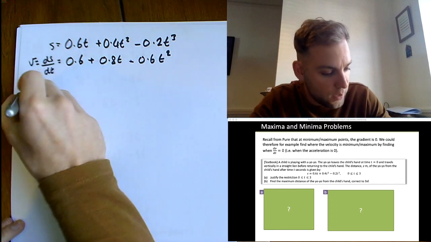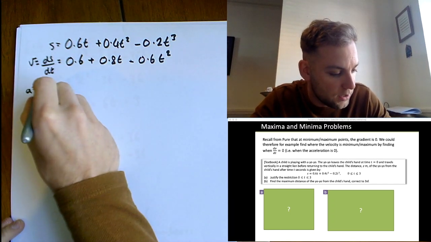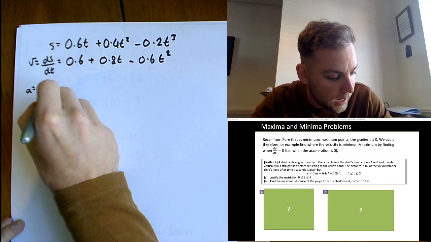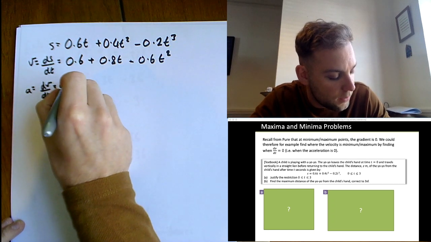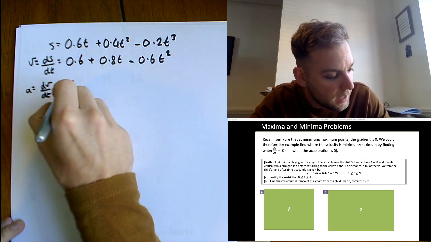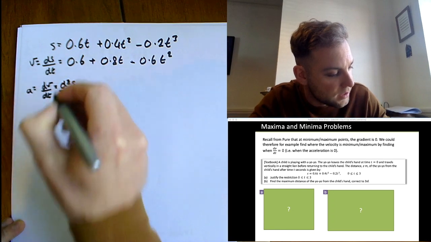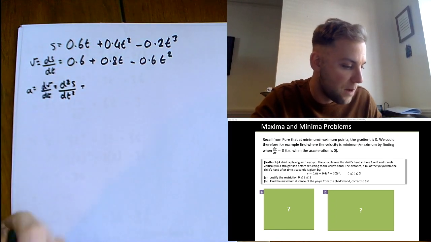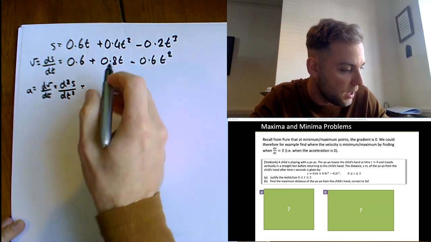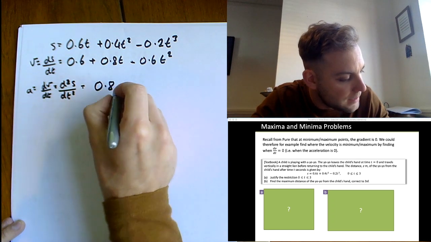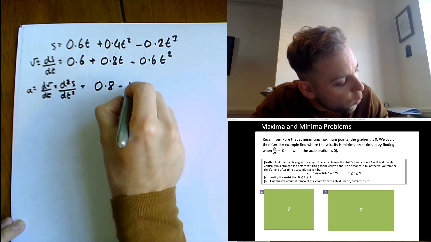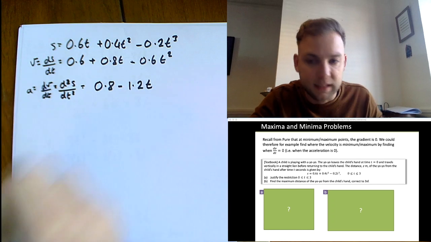Next, let's work out our acceleration, which is the change in velocity over time, d2s by dt squared. Differentiating this, we get 0.8 minus 1.2t, like so.